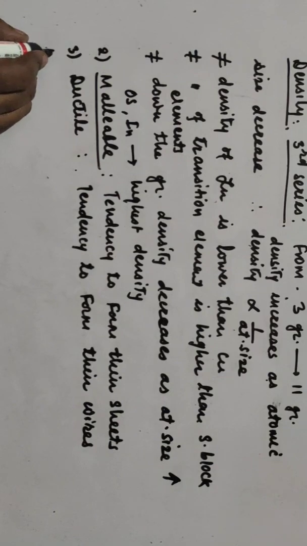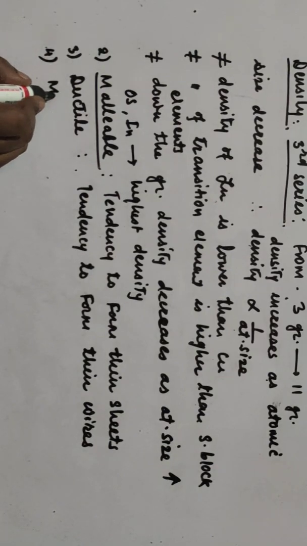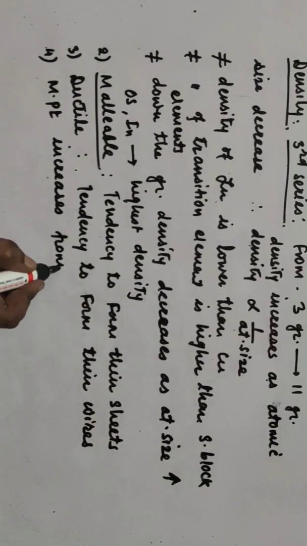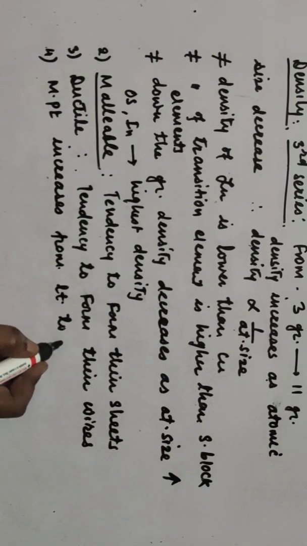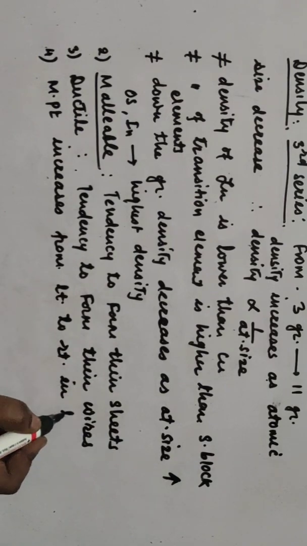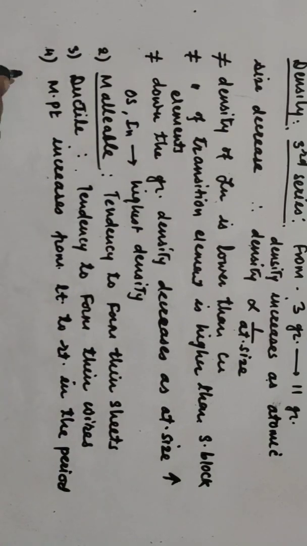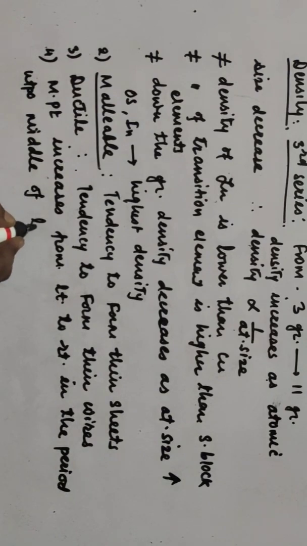Then next is about the melting and boiling point. The melting point and boiling point increase from left to right in the period up to the middle of the series.